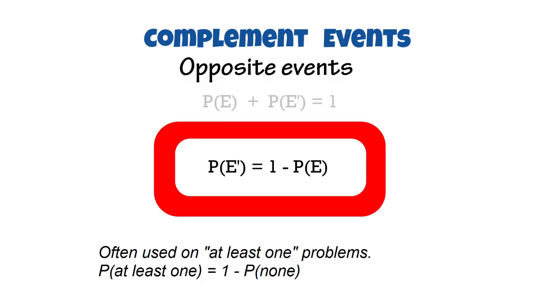This is often used when we talk about the probability of at least one. At least one means 1 or 2 or 3 or 4 successes. It's maybe easier to do the opposite of at least 1, which would be 1 minus the probability of none, no successes. So keep that in mind.